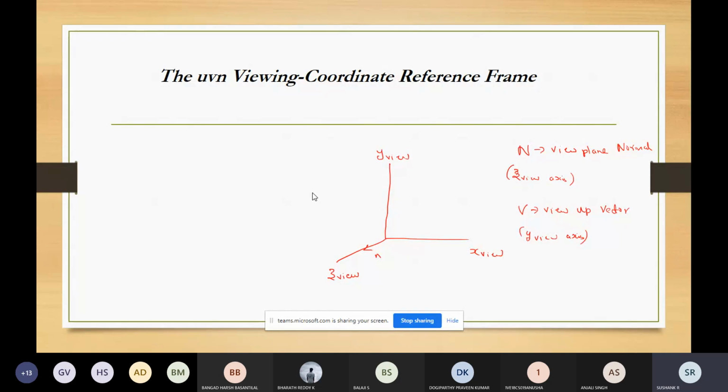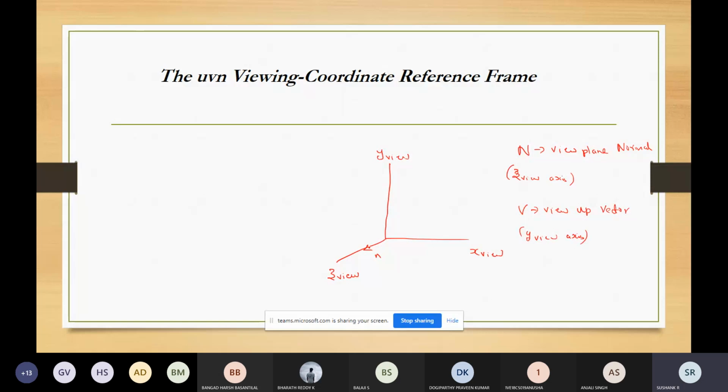We know N is the view plane normal, which can be used for getting the direction of the Z view axis. And V, the view up vector, can be used to get the direction of the Y view axis.